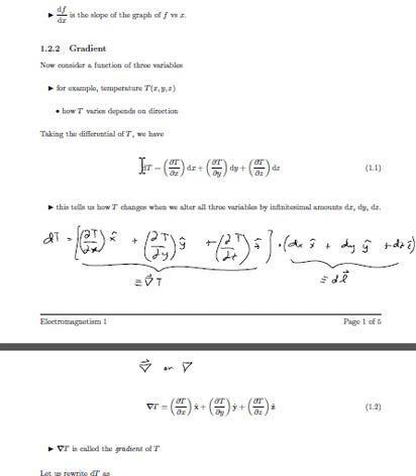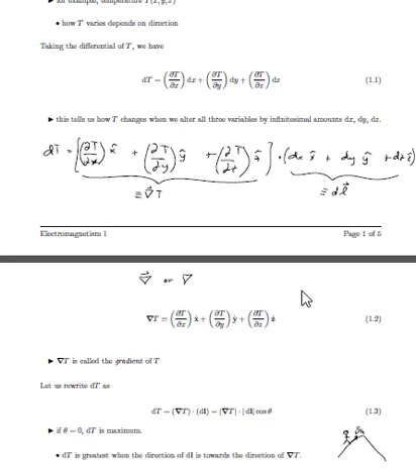If we have a del operation and an infinitesimal displacement, and we dot them, the result will be this one. This is the del operation, or sometimes called the gradient operator. Then we dot that with this dl, and the result is this one, the infinitesimal displacement.